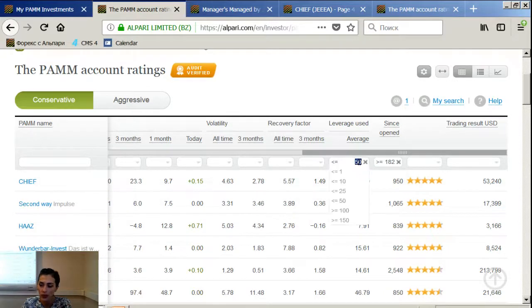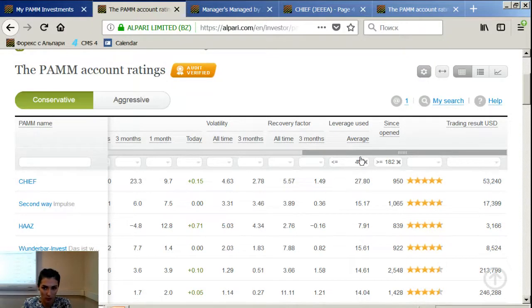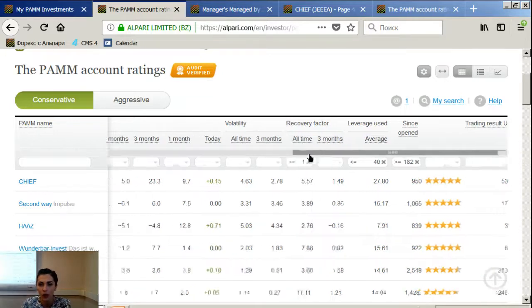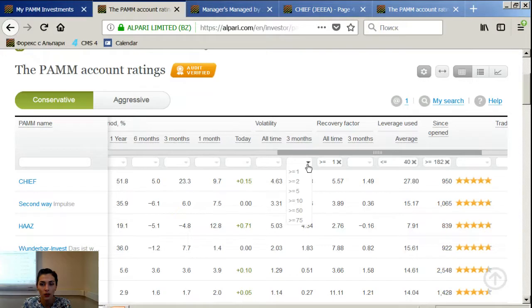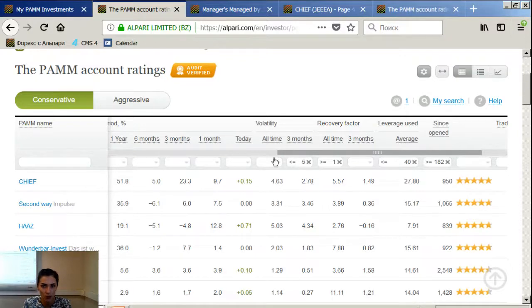If you don't see this number here, please put it in yourself. Recovery factor we should choose for all time, and recovery factor should be higher than one unit. Volatility for the last 3 months is less than 6%. The sign we took can change, as you see. 6.